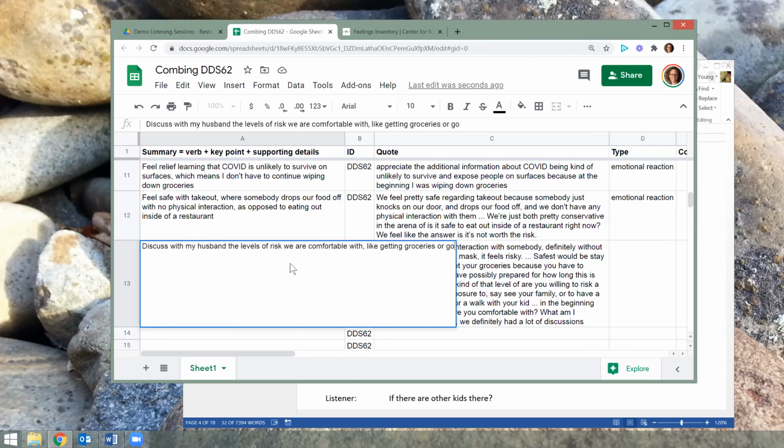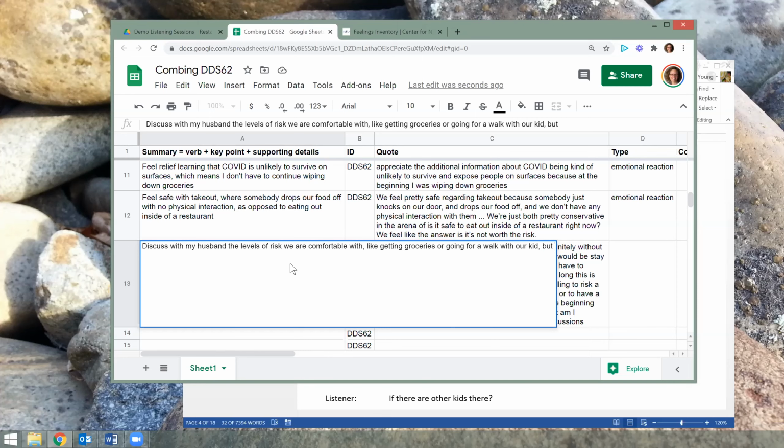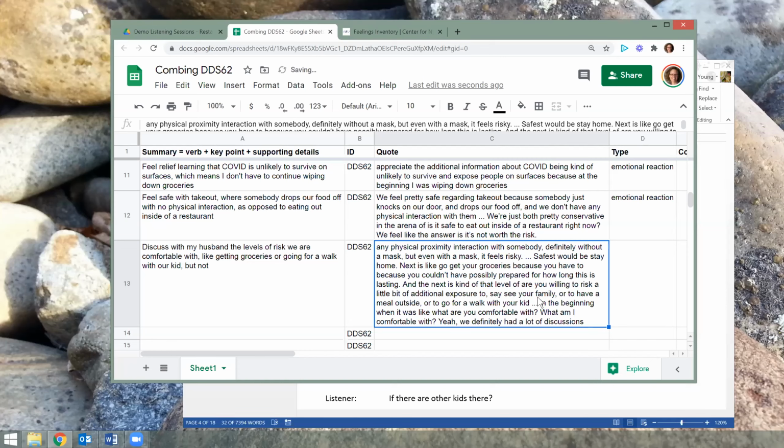I just don't want to include all 4 details because it just makes the summary long and it's unnecessary. I just want to remember this. So getting groceries or going for a walk with my kid. How about hour? But not, I don't know if we need this.